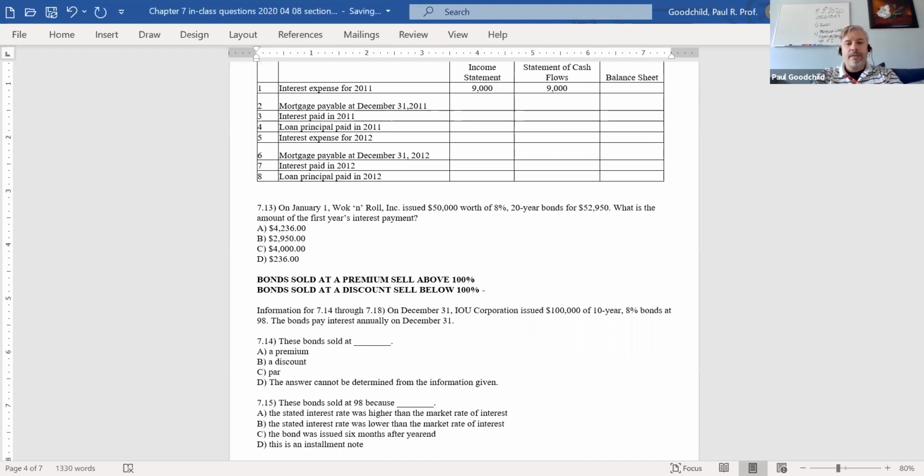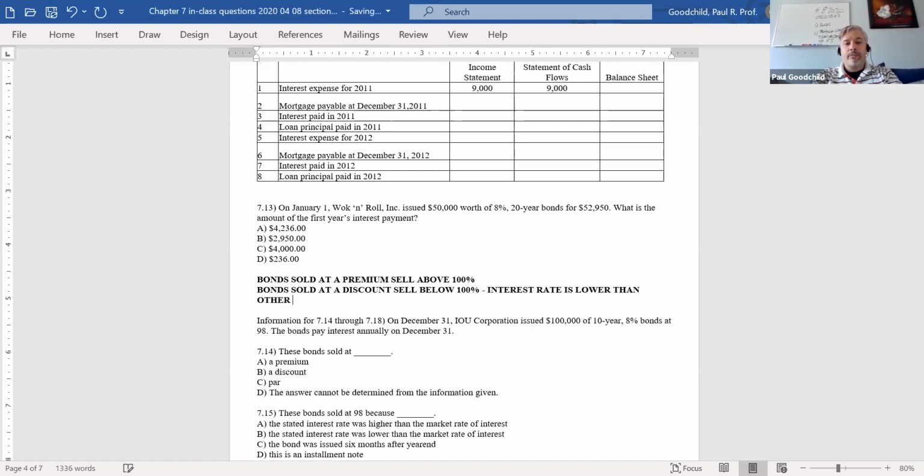And remember that this is because the interest rate is lower than other companies' bonds at similar risk, which they'll call market rate.